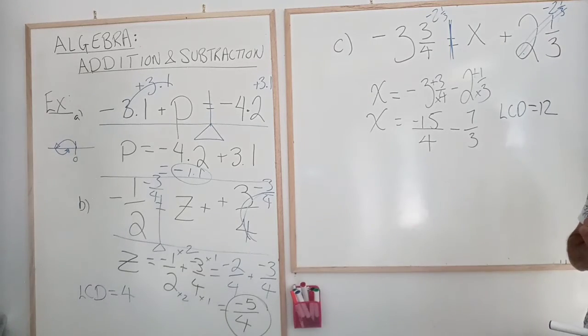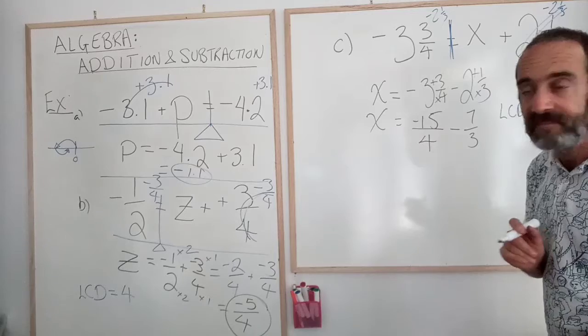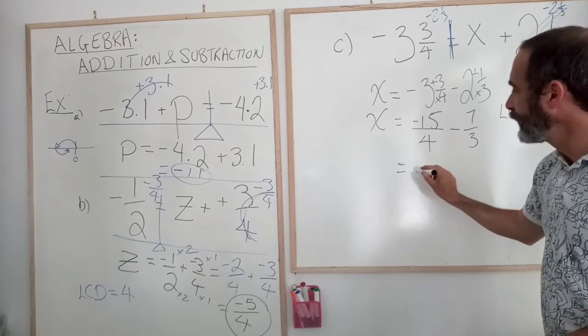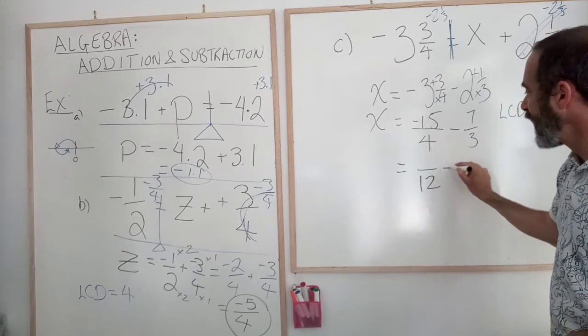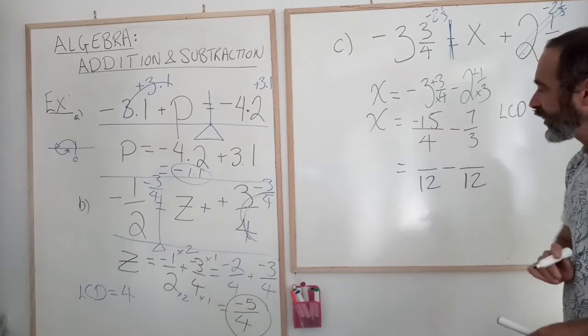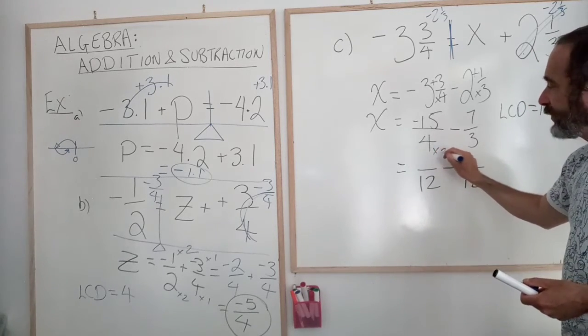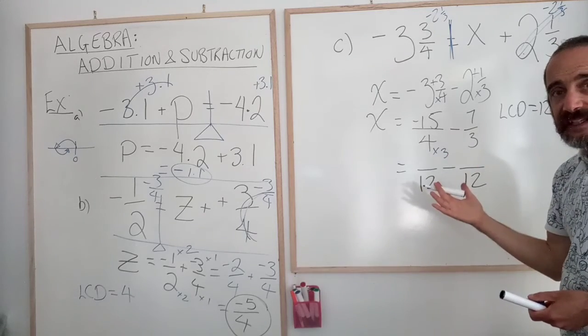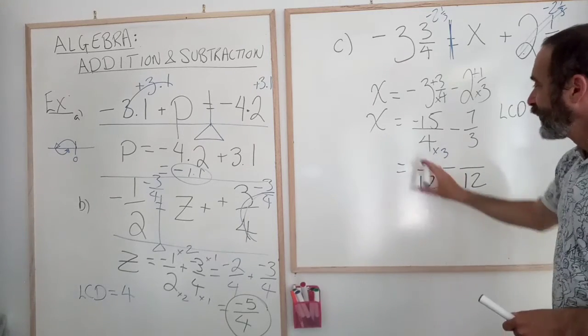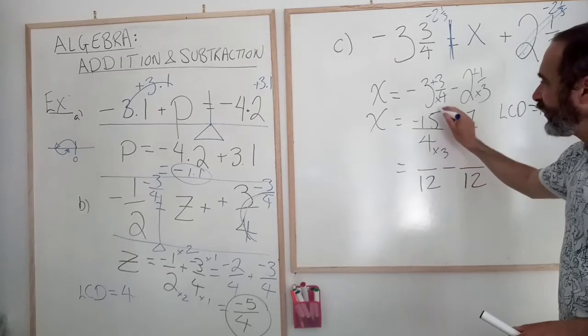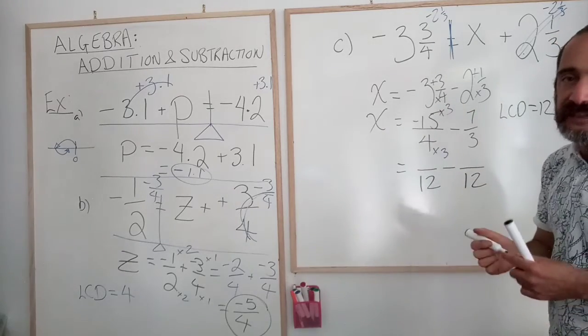Okay, we'll accept that, and we're going to put this over 12, and we're going to put that over 12, right? With the subtraction in the middle. So 4 times 3 is 12. So if I'm multiplying the bottom by 3, I also need to multiply the top by 3 as well, right?